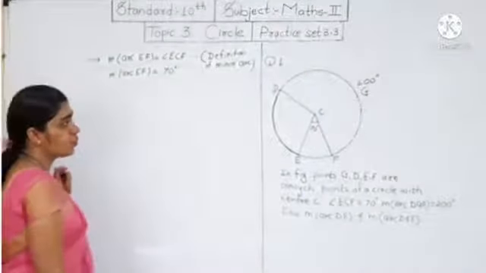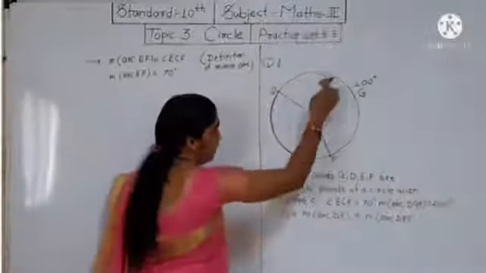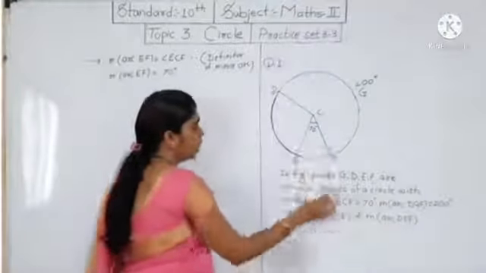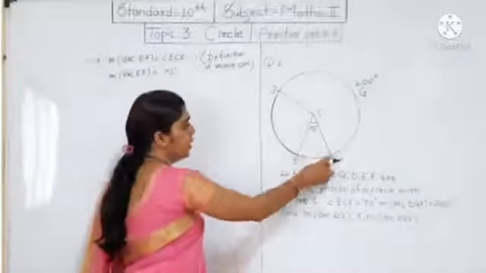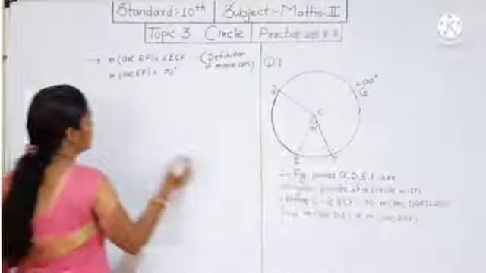Now we find first DEF. DEF we have to find, and DE. How to find DE? We get EF, and DGF we know.